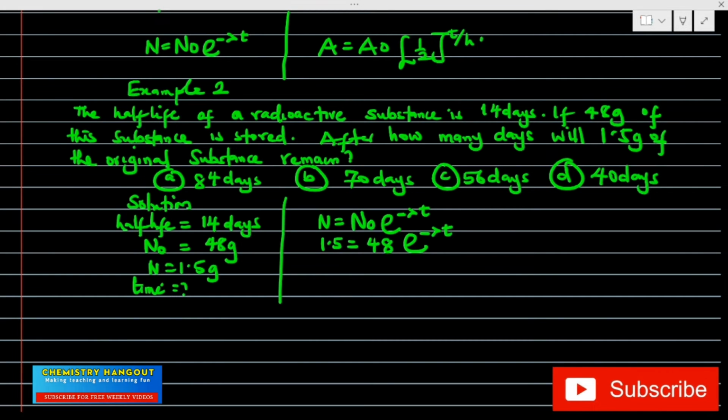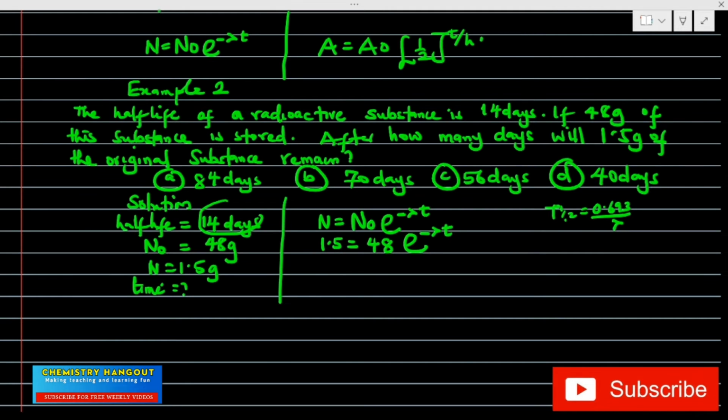Now, let's get our lambda, because we know that our T half is equal to 0.693 over lambda. And we are given our half-life already. What is the half-life in the question? It is given already, 14 days.